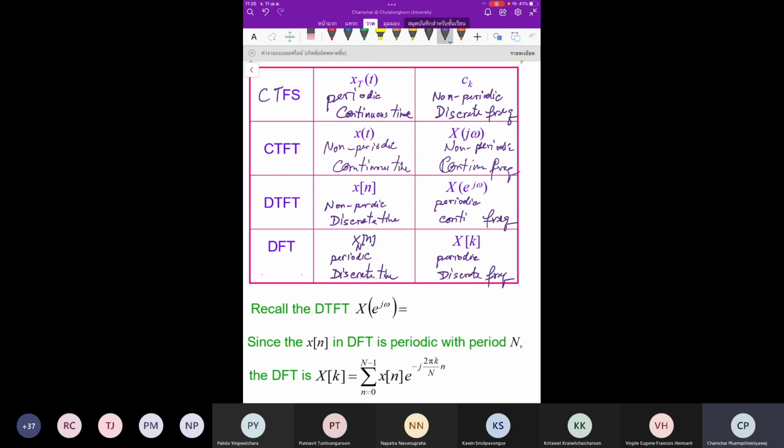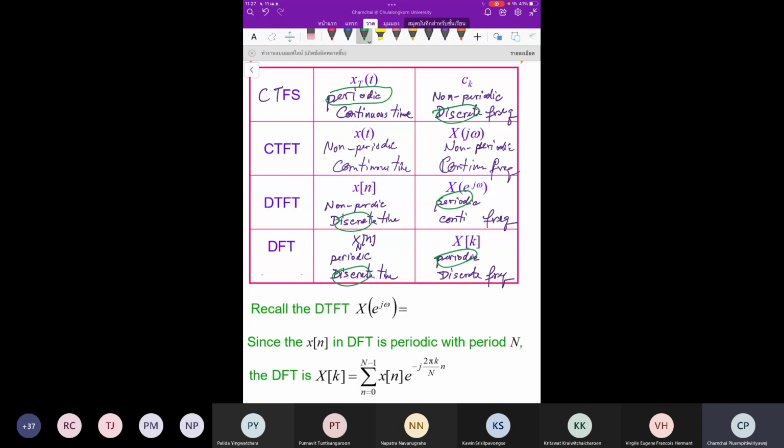Okay, so basically if one domain is periodic, the other domain would be discrete. Discrete, periodic. If it's non-periodic, then it's not discrete, it's continuous.